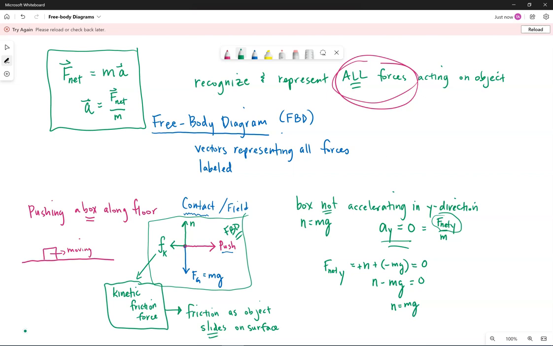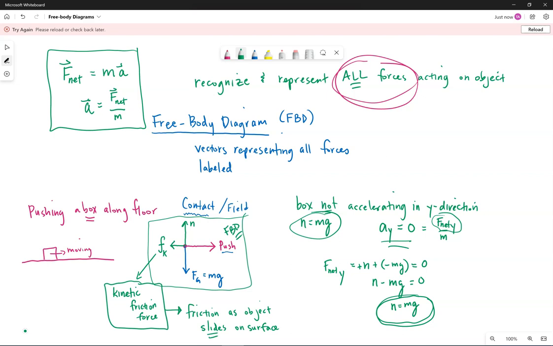Now, just taking a step back and thinking through that conceptually, it's totally great to jump to this point of saying n equals mg, which is what I did initially. That came from the practice I have, because I've looked at these free body diagrams and used F equals ma for so long.